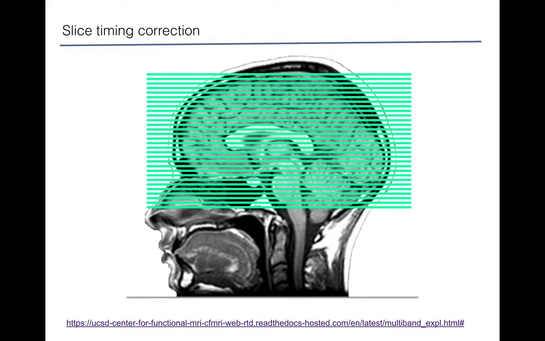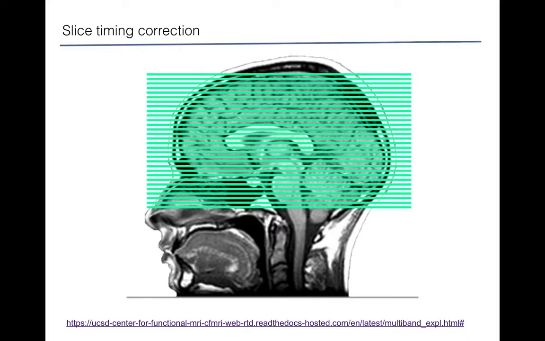Common ways of collecting the data are either sequentially or in an interleaved manner. For sequential, you start from slice 1, 2, 3, 4, and so on.